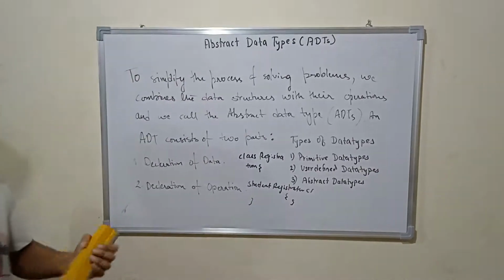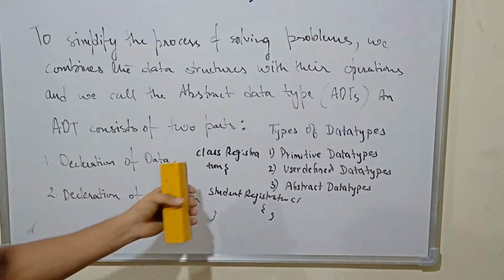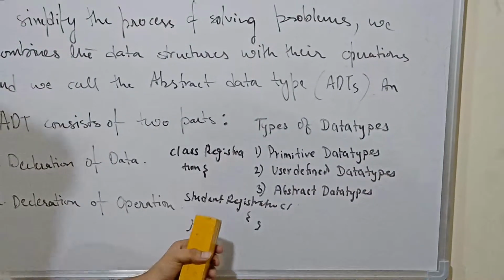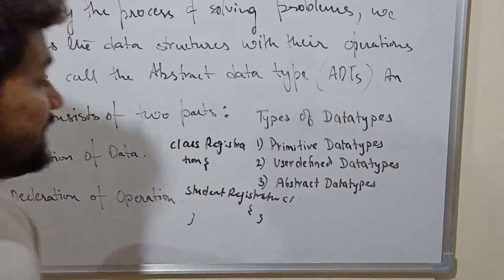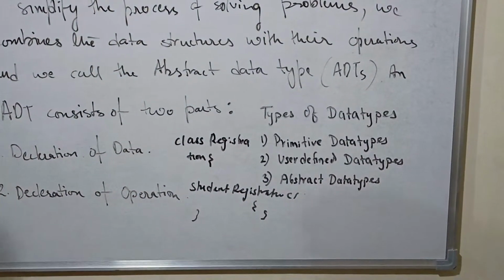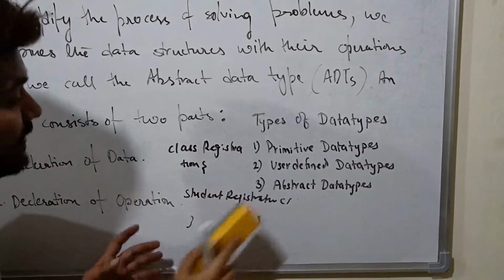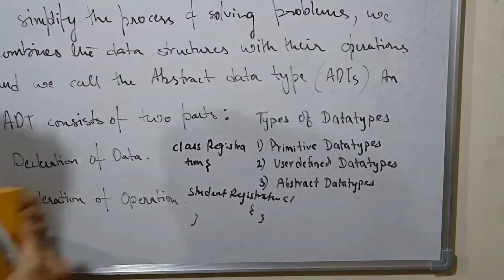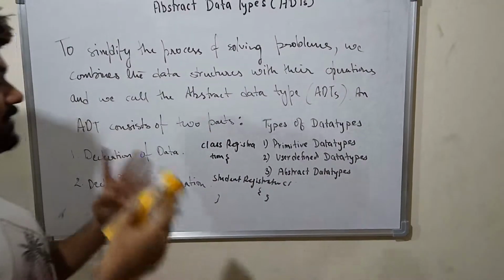So in this user defined data type we have declared a class and an operation, the method student registration, that will perform the registration activity.